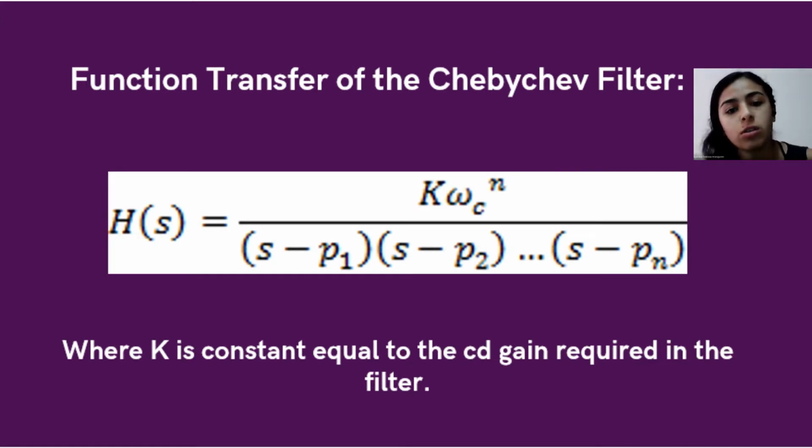Finally, the transfer function of the Chebyshev filter can be written as T of s, where k is the DC gain that the filter is required to have.